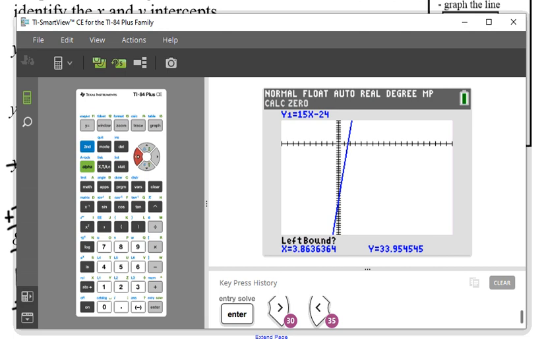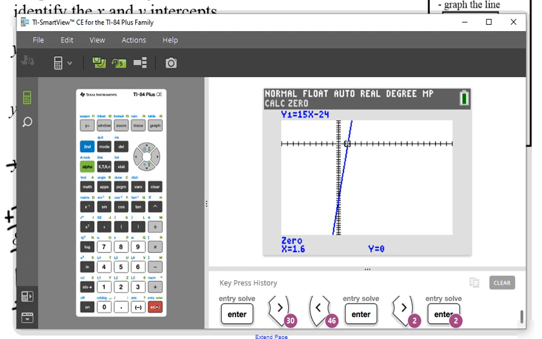And I want to be on the left side of my intercept, which in this case is below. Right side of the intercept, above. Then guess, enter. There's your x-intercept. X-intercept, 1.6, not going up and down, which is what an x-intercept is.